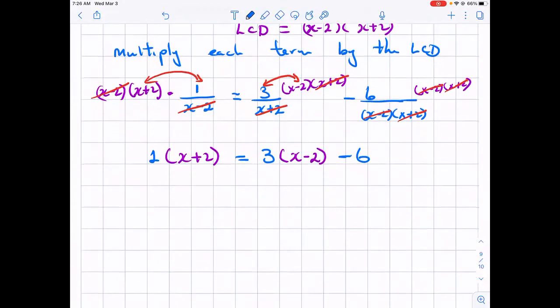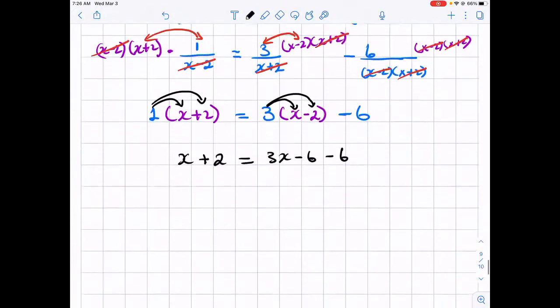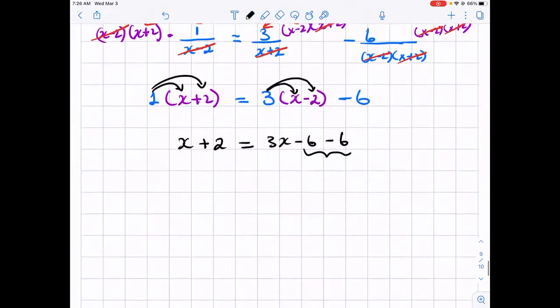If we now distribute, okay, we will distribute. So this leaves me with x plus 2 is equal to 3x minus 6 minus 6. Notice we have like terms here.